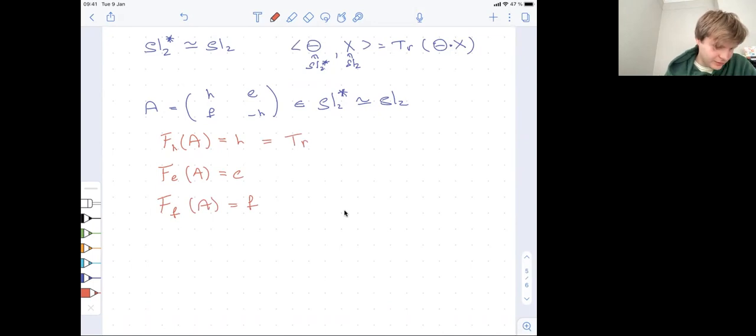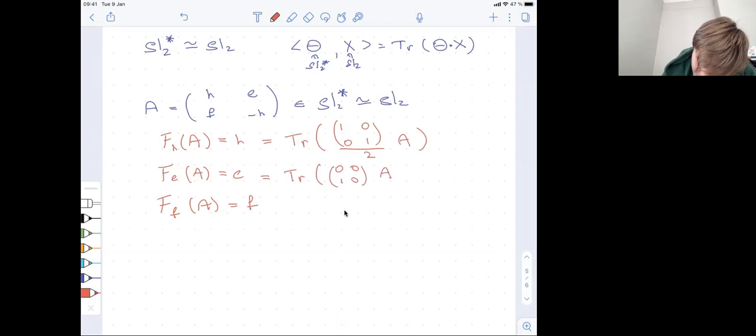If I want to have h, for example, it's just the trace of the matrix 1, 0, 0, minus 1, divided by 2, multiplied by a. If I want to get e, I just take the trace of 0, 0, 1, 0 with a. And if I want to have f, I just take the trace of 0, 1, 0, 0 with a. And these are the functions.